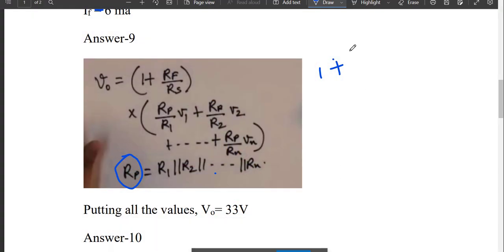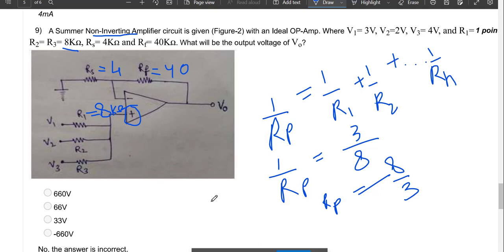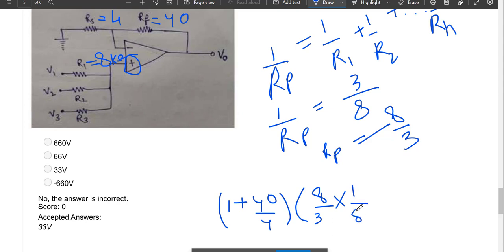So 1 plus 40 upon 4, into RP, that is 8 by 3, upon R1 which is 8, times V1.